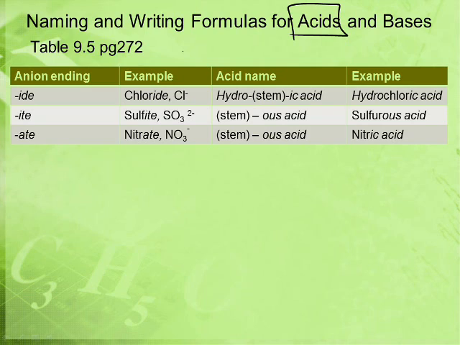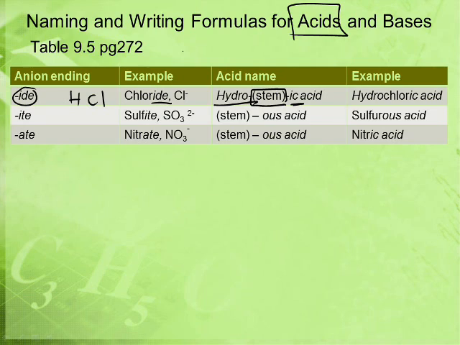Let's look at the rules here, also on table 9.5, page 292. If we have an anion that ends in ide, like most of the other anions, and it has hydrogen in front of it, for example HCl, we would normally call this hydrogen chloride, ends in ide. What we do is we put hydro in front of it, and the stem, which is chlor, and then put ic. So it would be hydrochloric acid.